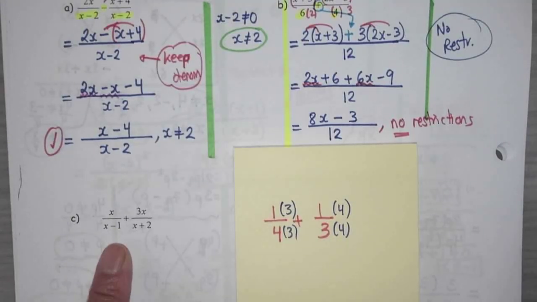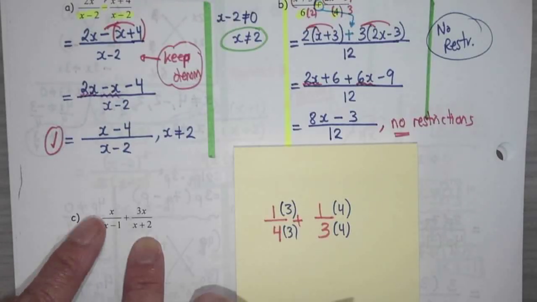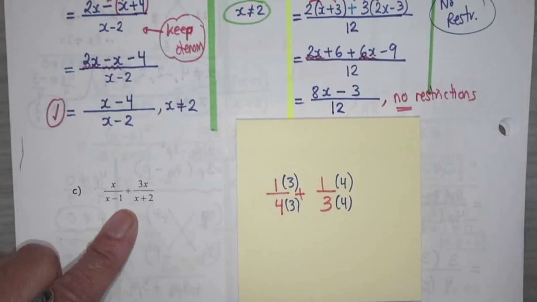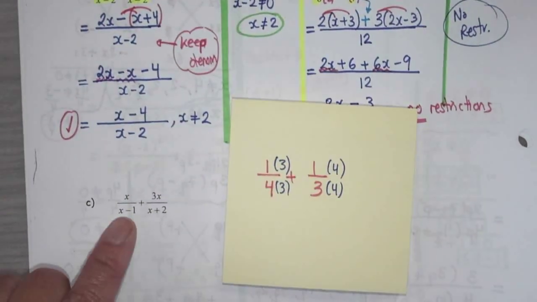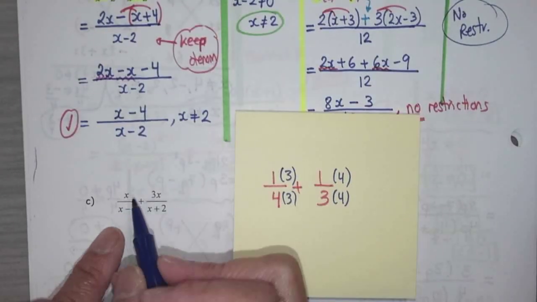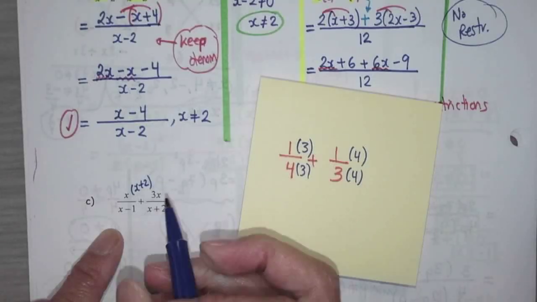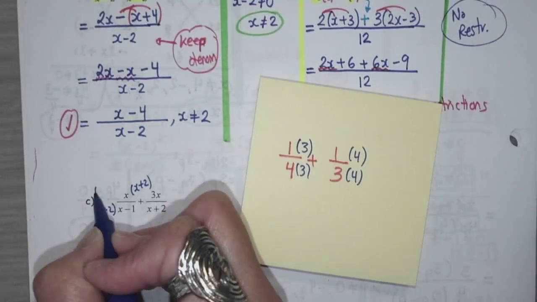So same idea here. If they're totally different factors, you're going to say, okay, these are totally different. So here they were the same, so you just had to add or subtract the top. Here they're different. So we're going to multiply this one by x plus 2 and x plus 2. So I'm going to write it on this side, actually.